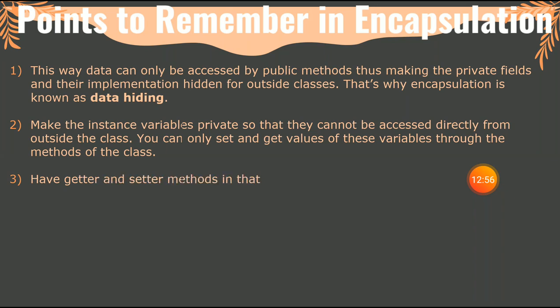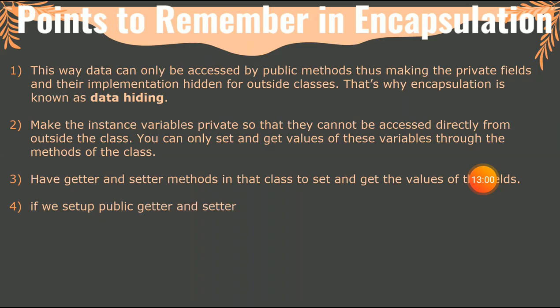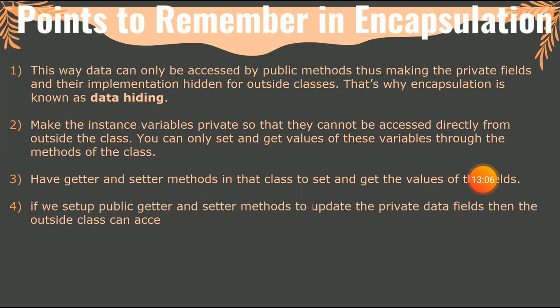Have getter and setter methods in that class to set and get the values of the fields. We set up public getter and setter methods to update the private data fields, so that we can use them from outside the class via public methods. This is the way we can do encapsulation.